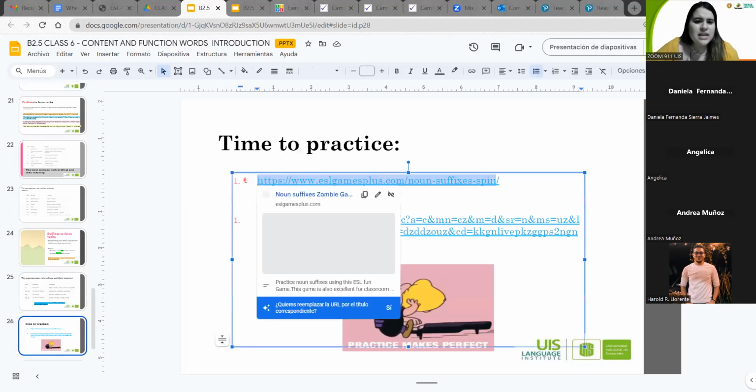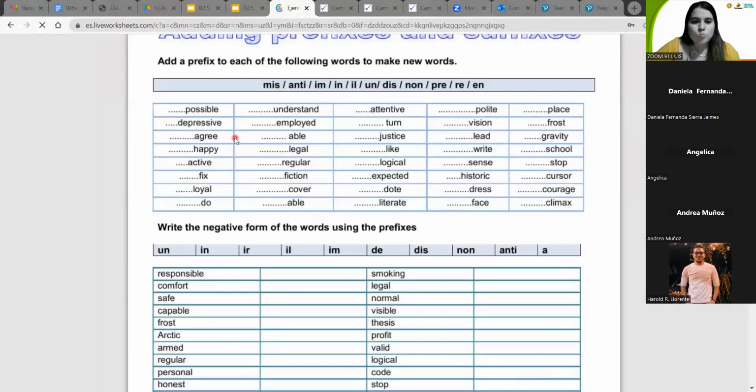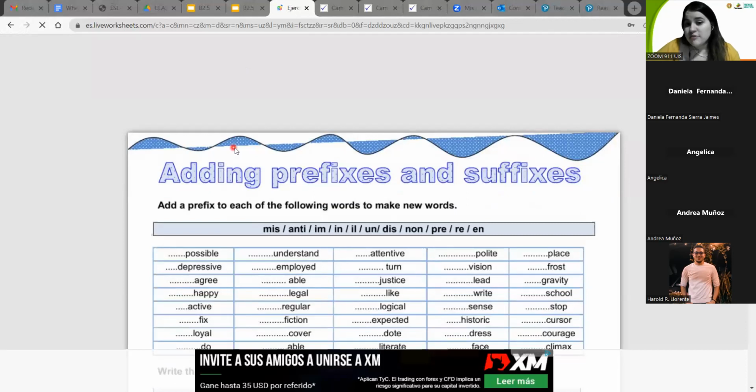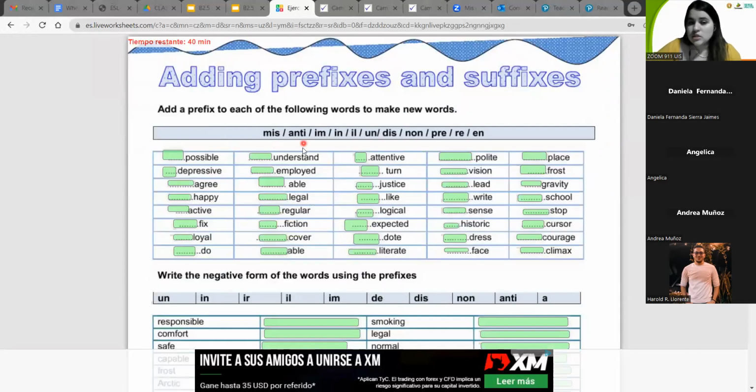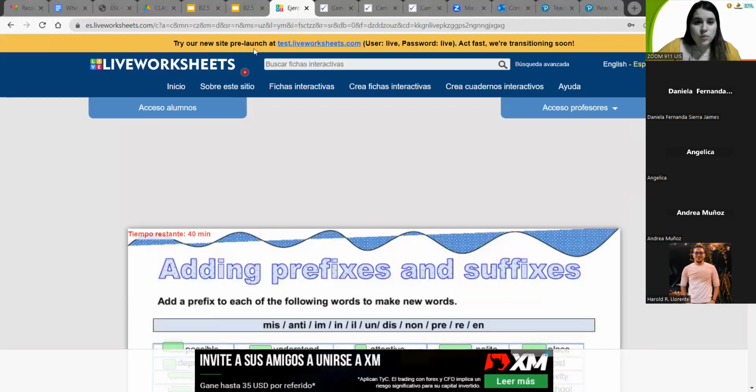Well, this is the game that I shared at the beginning, the zombie game. This is extra practice, like adding prefixes and suffixes to make new words. So we have mis or anti, in, il, un, dis, okay? So I am going to share it with you.